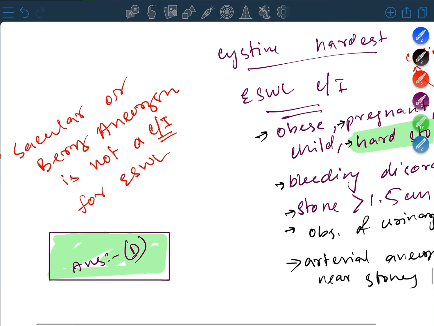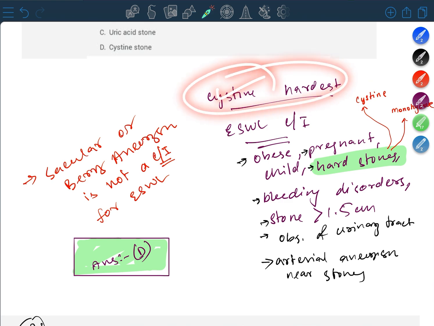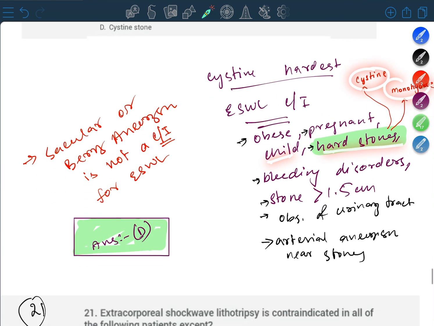Let us now learn this: cysteine is the hardest, harder than the dumbbell-shaped stone also. I told you before, ESWL is contraindicated in obese patients, pregnant patients, children, and if it is hard stones, cysteine or monohydrate stones, in bleeding disorders, if stones are more than 1.5 centimeter, obstruction of the urinary tract, and arterial aneurysm near stones.